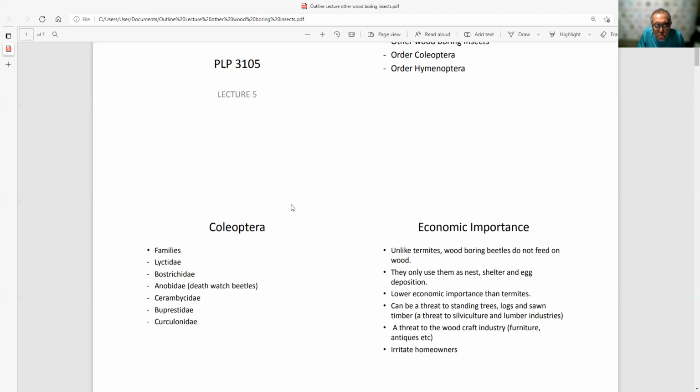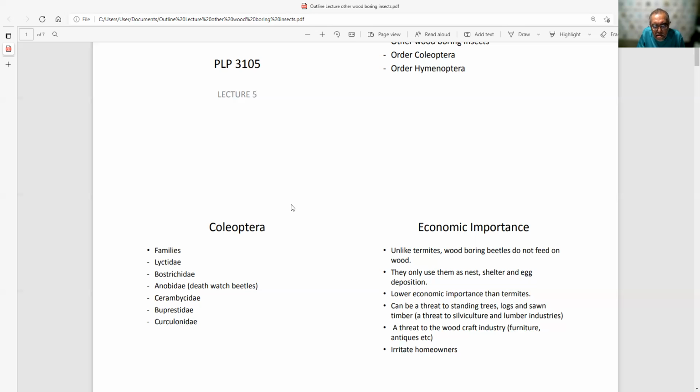Ada 112 family. Okay. No other insects have that extensive numerous families, whether fossilized ataupun extant, maksudnya yang telah pupus ataupun yang masih wujud, and most of them are extant, maksudnya they are still around.